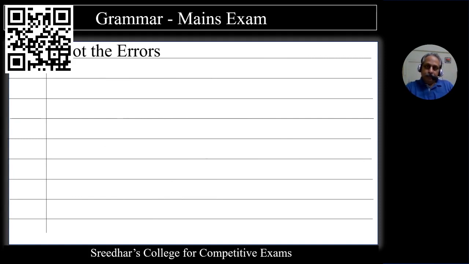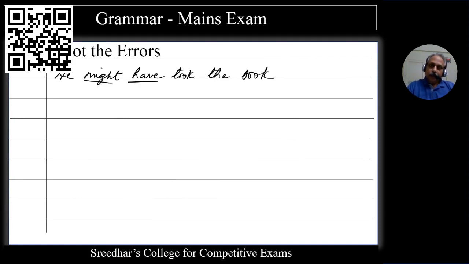And lengthy helping verbs, one example. He might have took the book. Here, might have. What is the pattern? Lengthy helping verbs: might have, could have, should have, and must have.